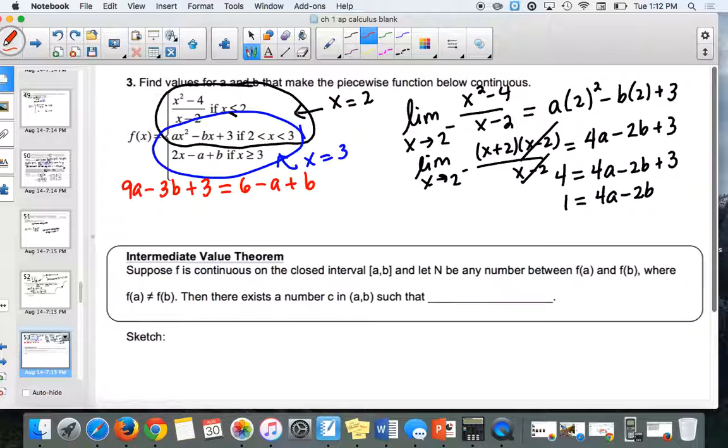So I set the middle equation equal to the bottom one, and I plugged in 3 for both of them. All right, so I'm going to get my a's and b's on one side, my numbers on the other side. So I'm going to have 10a minus 4b equals 3.